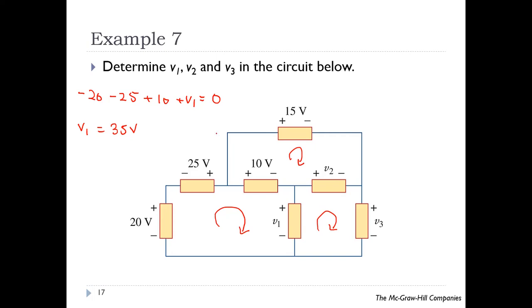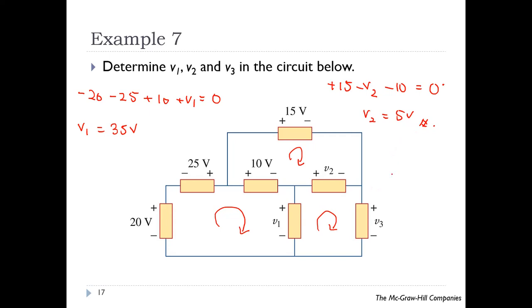Okay, and for V2, you cannot solve this part yet because you have two unknowns. So let's solve for this part. Plus 15 minus V2 minus 10 equals 0. So V2 equals 5 volt.